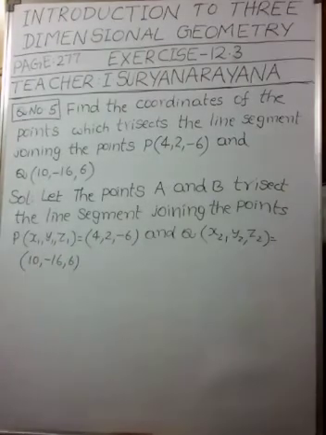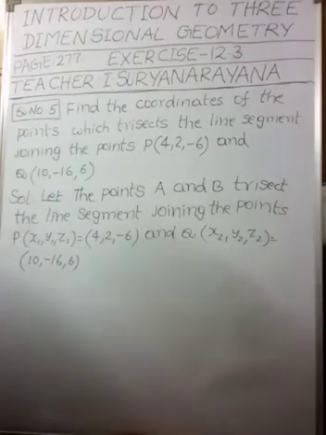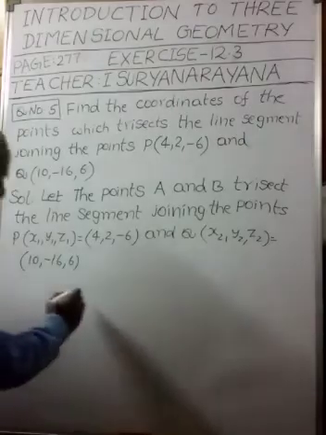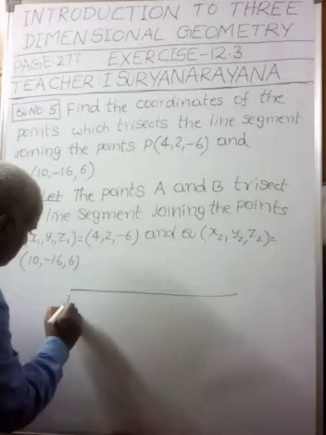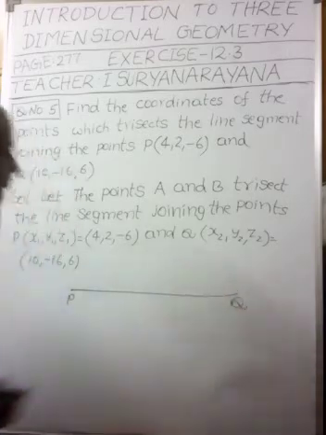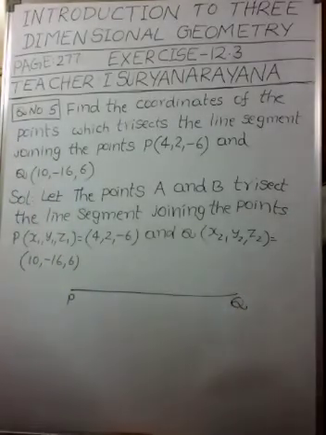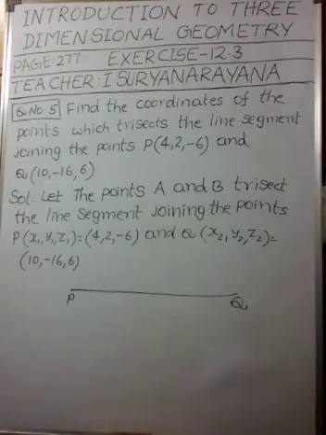We assumed here the points A and B are trisecting the line segment joining the points P and Q. Let us draw the figure for this question like this. Previously, I explained this point. Points of trisection means the points A and B, any 2 points which divide the line segment into 3 equal parts. Okay, my children?